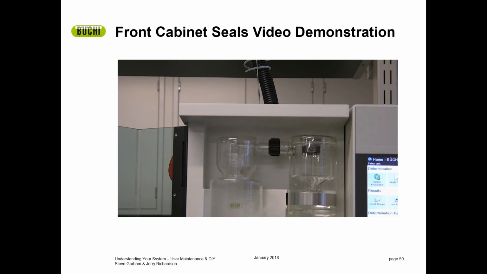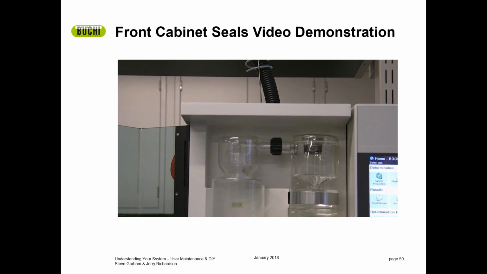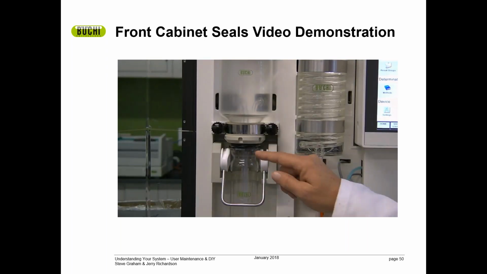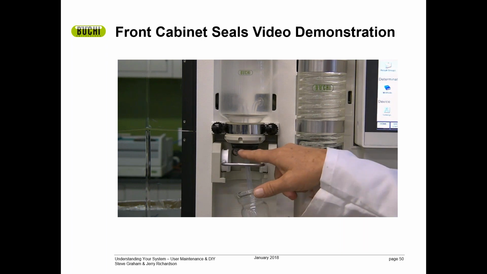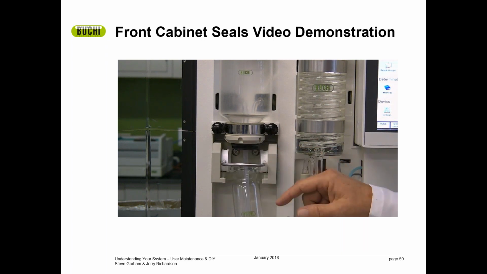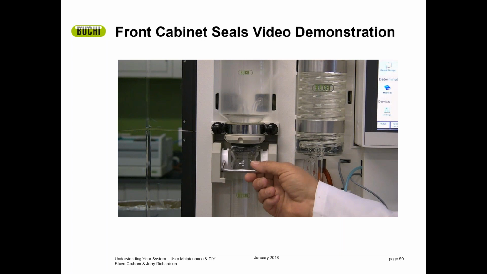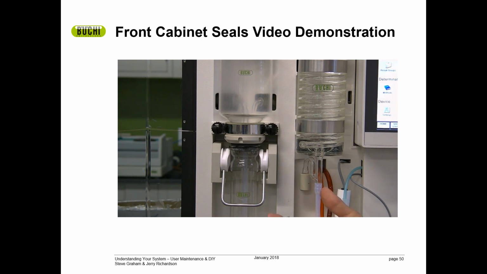The next area is the sample bung and the sample tube. This area, I'll take this off, this rubber bung should be replaced when it's worn. And you ask yourself, how do I know if it's worn? It's a very, very simple test.